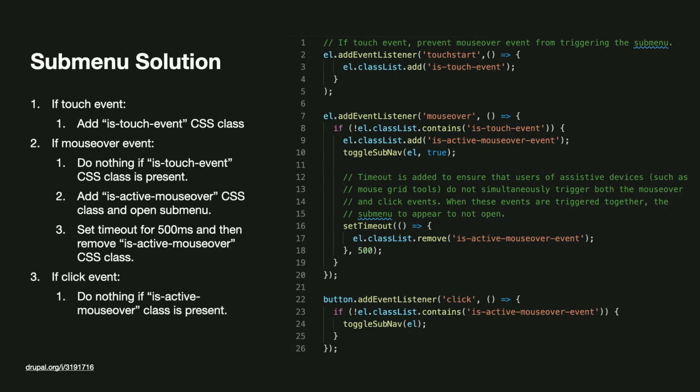If it's a click event, the click event won't do anything if the is-active-mouse-over class is present. All this logic is a little bit confusing, but if you sit back and think about it, it makes a little bit of sense, and it works really well. The only thing is, if you intentionally want to open and close the submenu within half a second, it's not going to work. But if you want to do that, too bad.